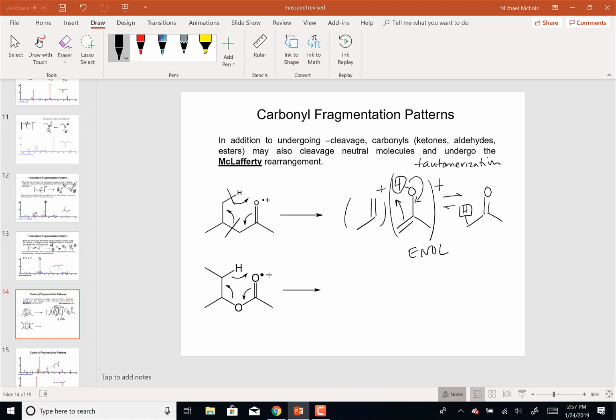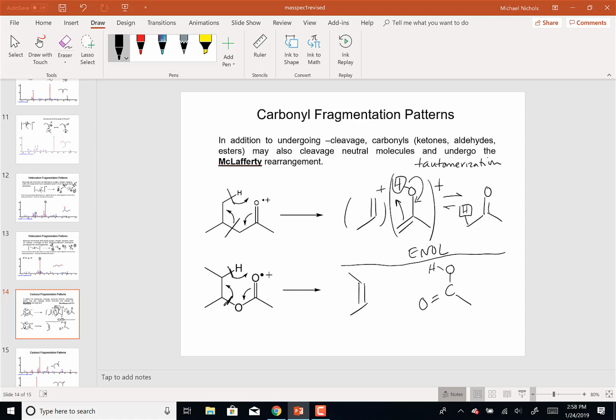Now the second case again. In the ester case, I'm going to break this bond, and I'm going to break the CH bond, because the hydrogen is moving over to the other molecule. If I do that, in this case I end up with that fragment, and that fragment.